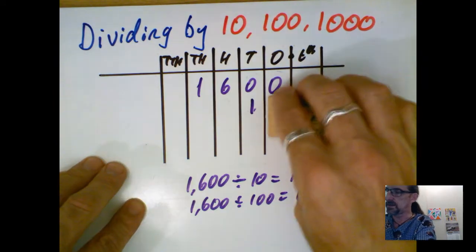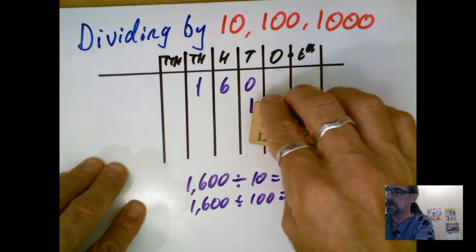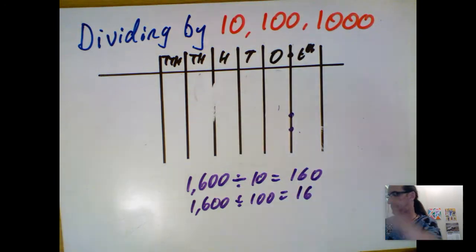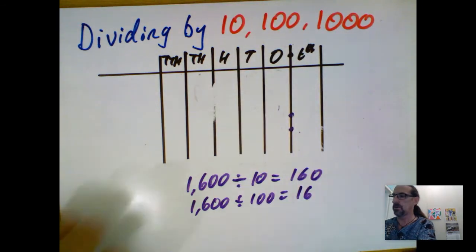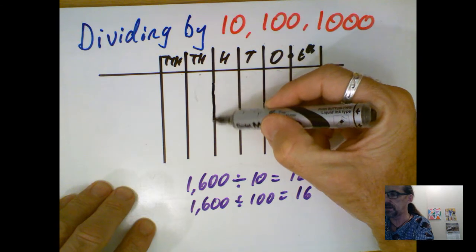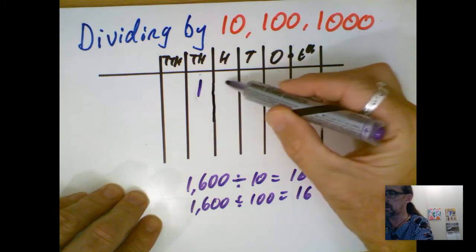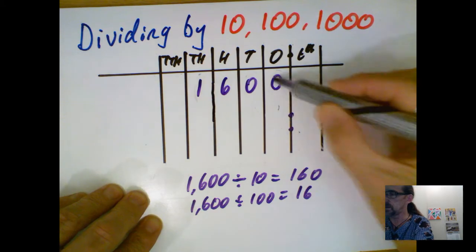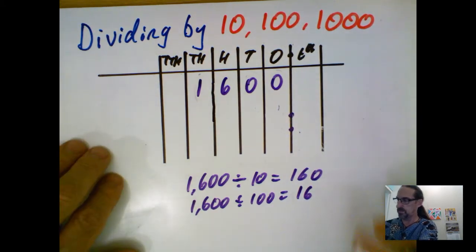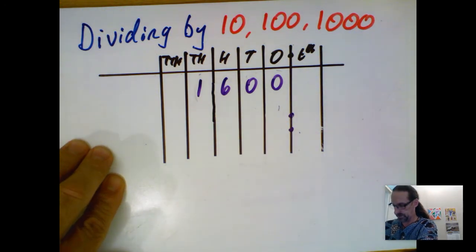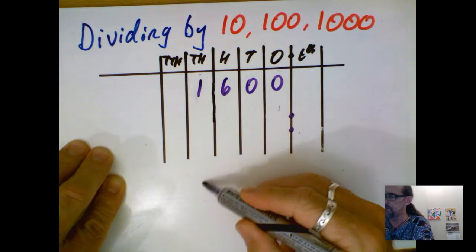Okay, right, let's look how that helps us when we're dividing by large numbers like this, but with multiples of 10 or multiples of 100 instead. Okay, so if we take something like 1,600, but this time, instead of dividing by just 10, I'm going to divide by 40.